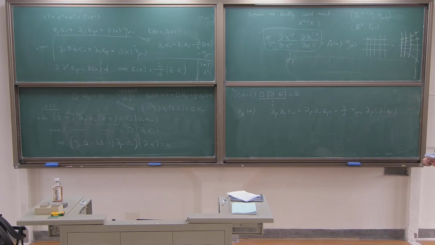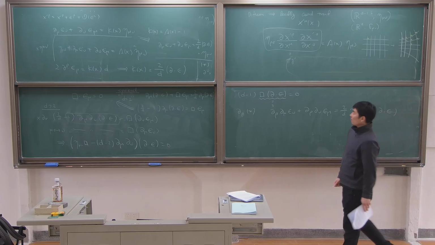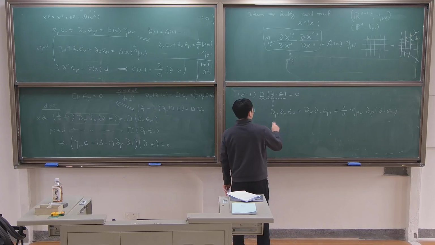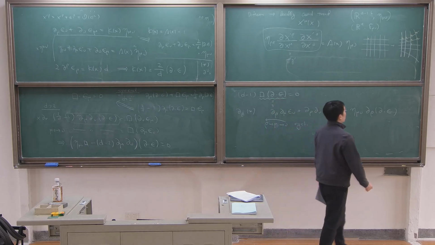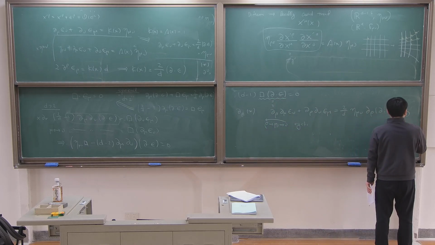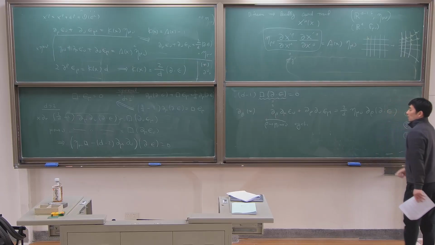Okay, so that's what you get. And you can just shuffle rho and mu for simplicity, like this way, to become cyclic. And I call them number 1, number 2, number 3.